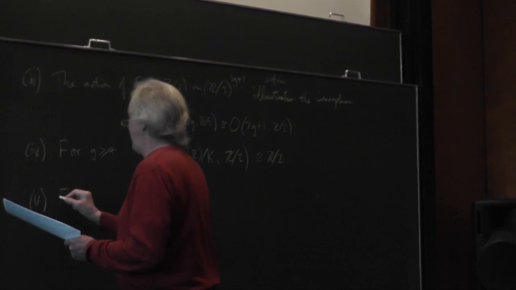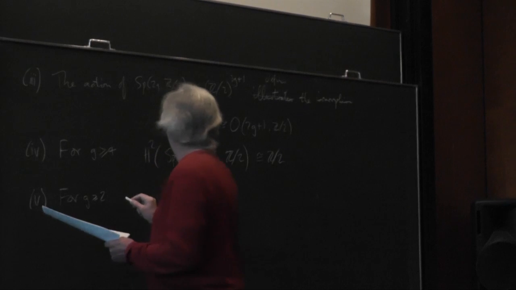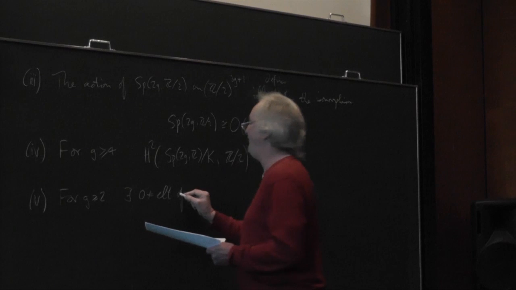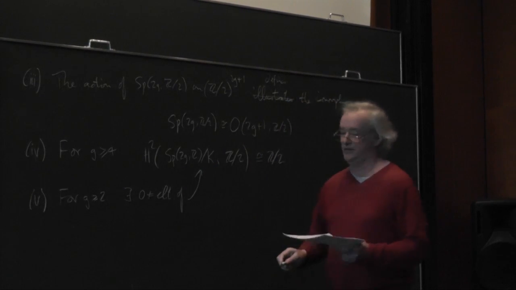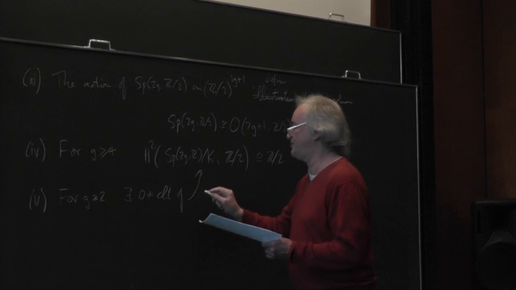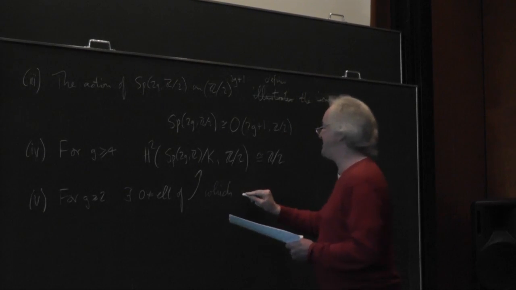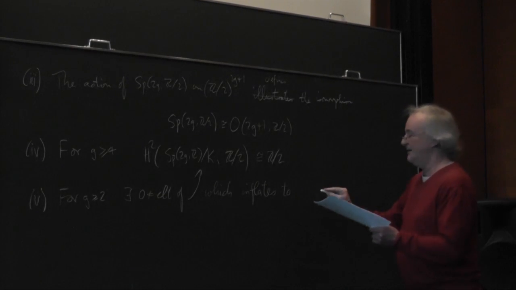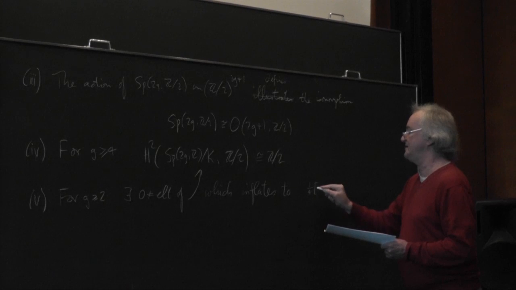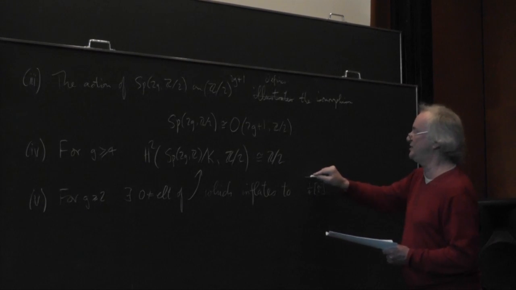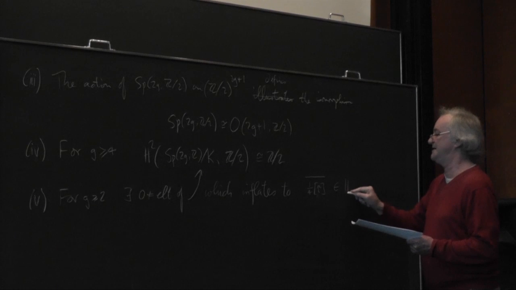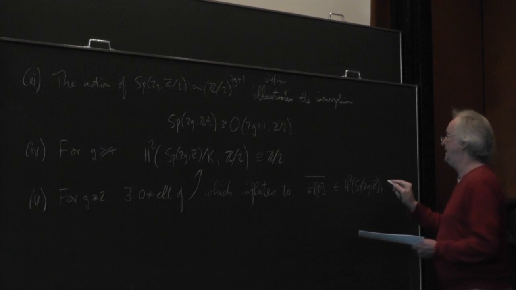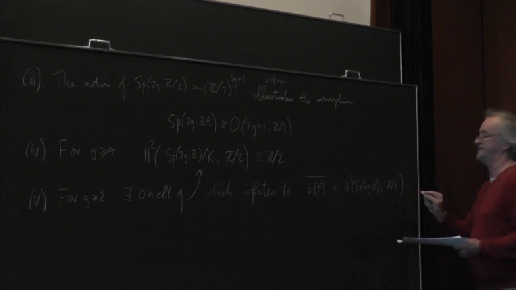But, I mean, even for g at least 2, there exists a non-zero element of this H2, which inflates to, if you think about a quarter of Meyer's class, and then reduce it mod 2, so this is an element of H2 of the symplectic group with Z mod 2 coefficients.